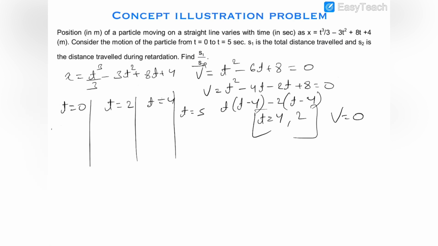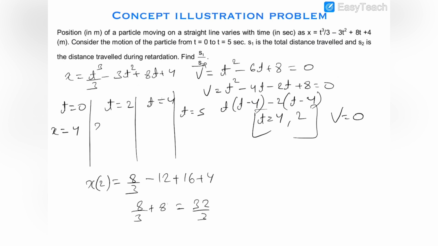At t equal to 0, x is 4. At t equal to 2 seconds, x at 2 is equal to 8 by 3 minus 12 plus 16 plus 4. So this is 8 by 3 plus 8, which is 32 by 3.